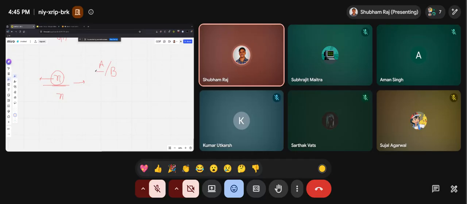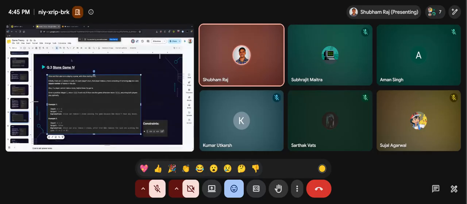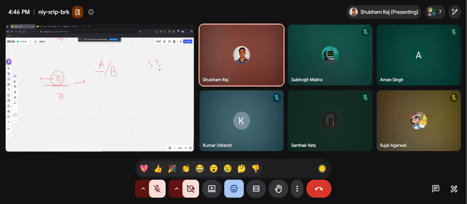So suppose Alice can pick what? She can pick 1, 4, right? Because we can pick only square numbers of stones, right? Players make a move consisting of removing any square number of stones. So any player can pick 1, 4, or you can say 9, like this, right?